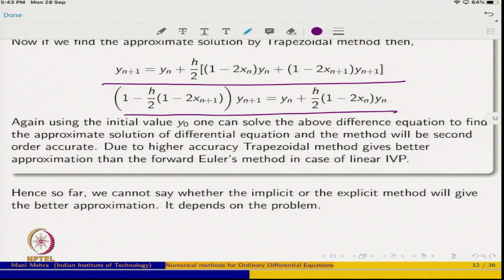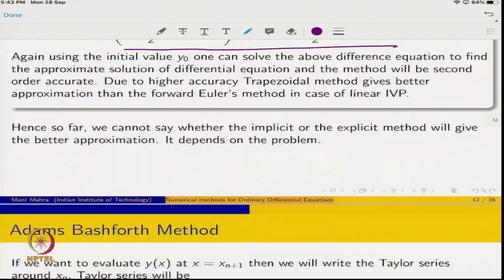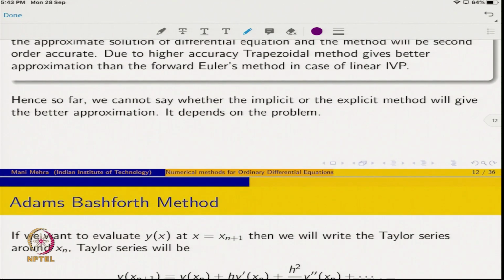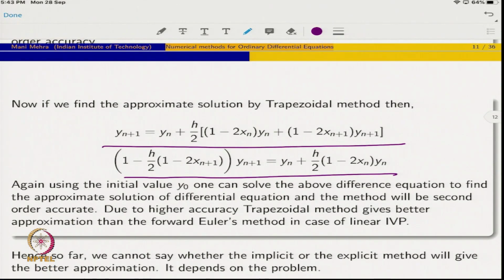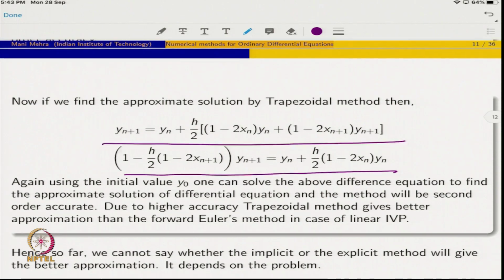That you cannot say, because both are of the same order of accuracy. In that case, you have to choose depending on the problem, or depending on how much computational efficiency you want from the problem. Okay. Later on I will take one example of a nonlinear problem also, and I will explain how it works.